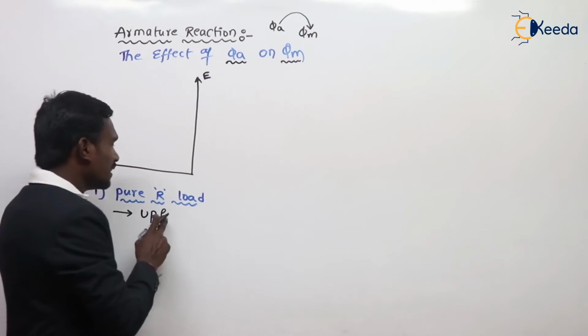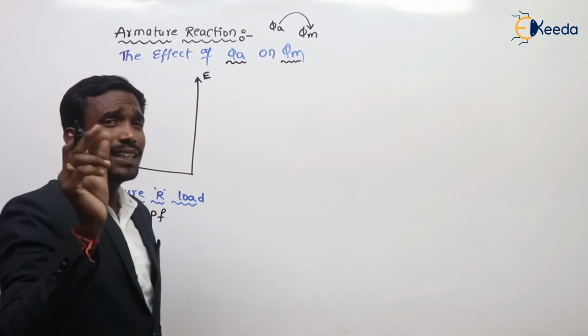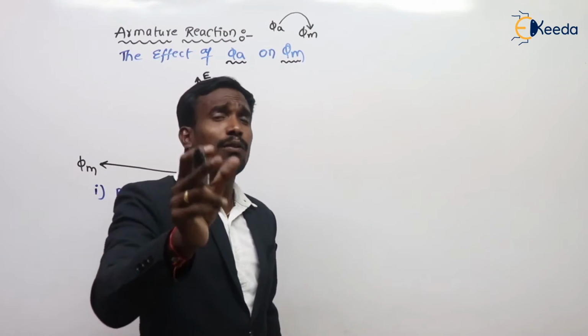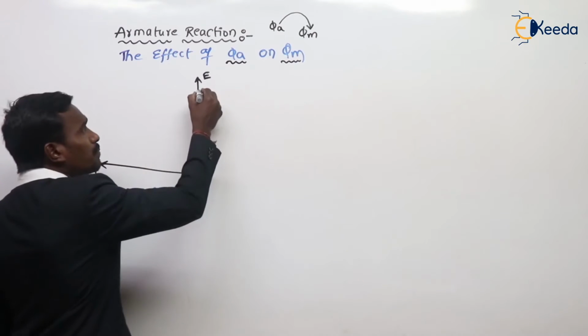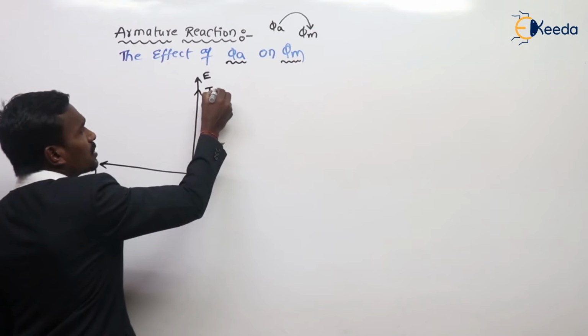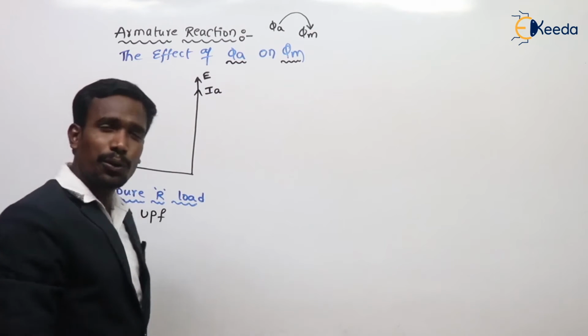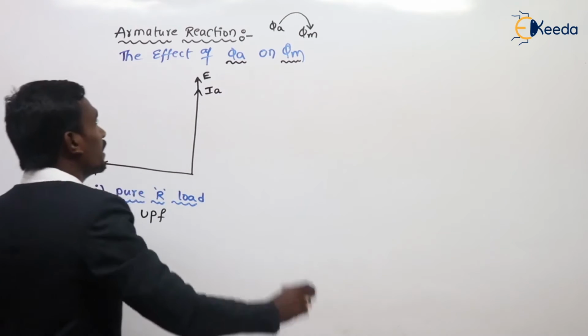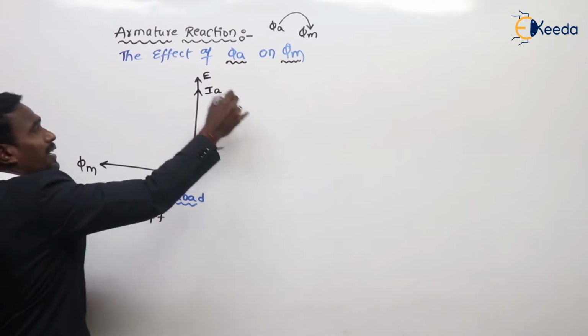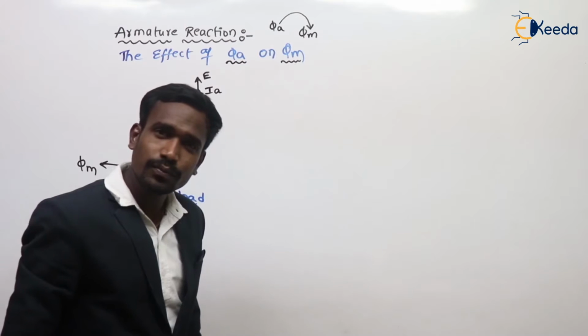At this condition, in the armature, what is the angle between armature voltage and current? The angle between voltage and current is zero. Here the armature current is in phase with EMF.